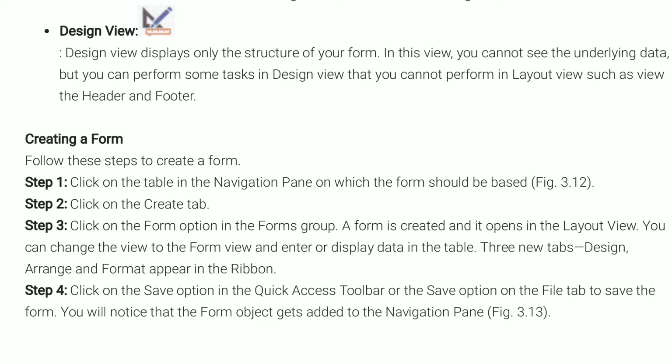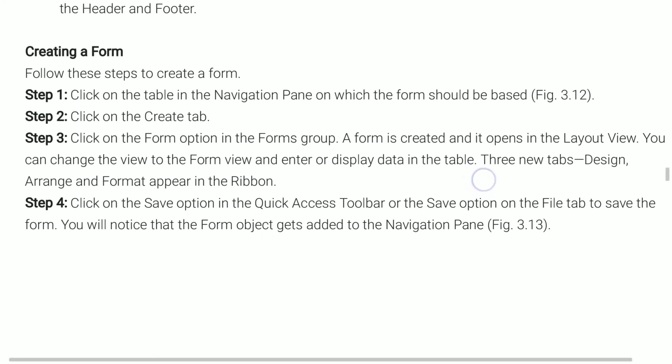But we can perform some tasks in the design view that we cannot perform in layout view, such as if we want to view the header and footer, meaning the top heading of the document or the bottom footing of the document, can be seen by us in the design view.